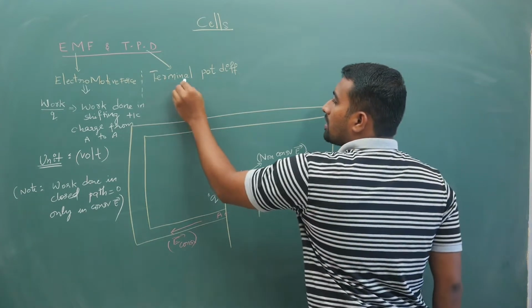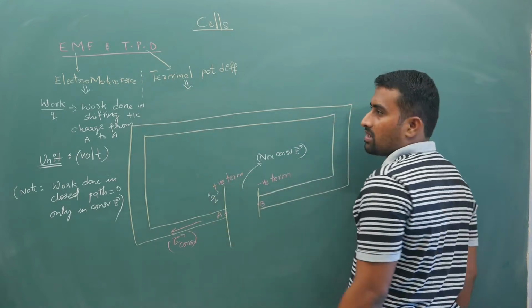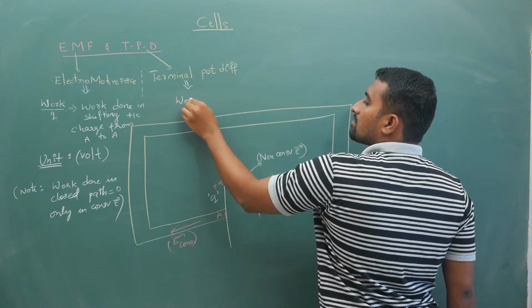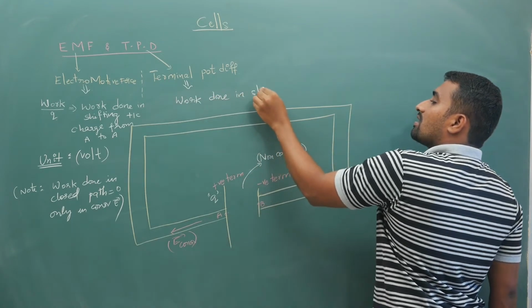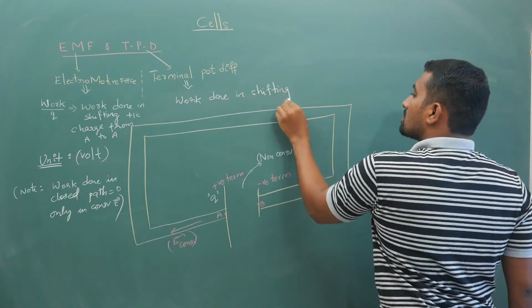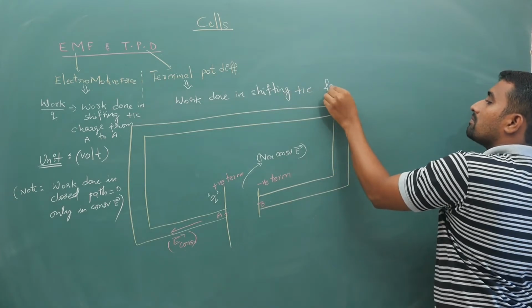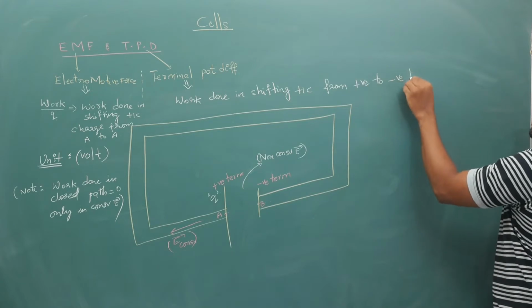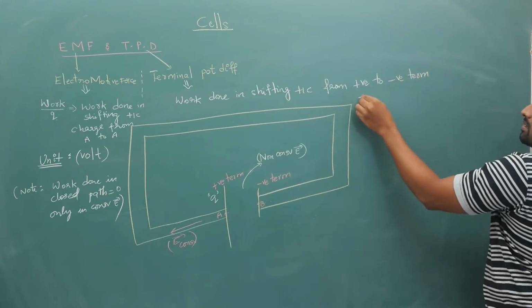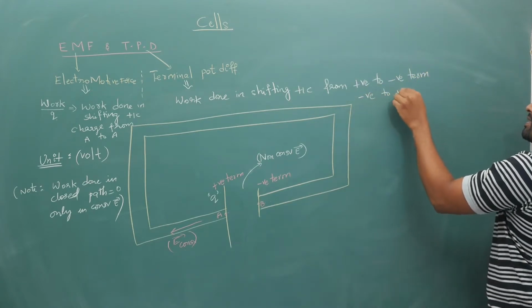Okay, so terminal potential difference is the work done in shifting plus 1 coulomb charge from positive to negative terminal or negative to positive, depending upon whatever you take.